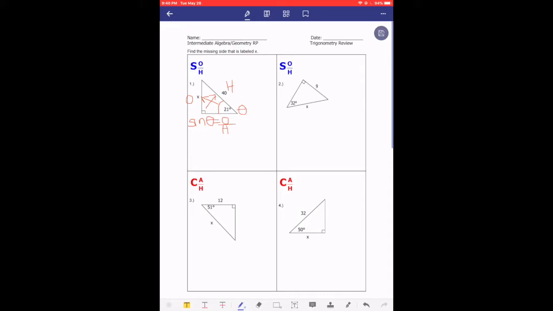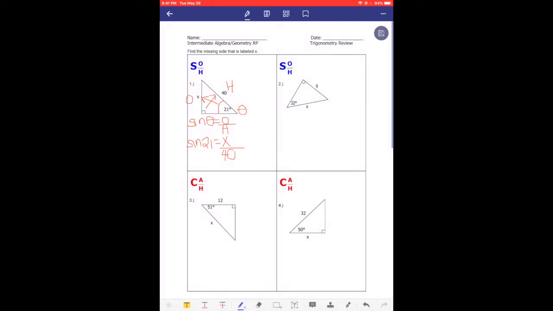And in this case, we're talking about the sine of the angle 21. And then it's going to equal, well, the opposite side was labeled x. I don't know what x is. That's what I'm going to solve for. The hypotenuse was 40. So I'm going to put 40 for h.